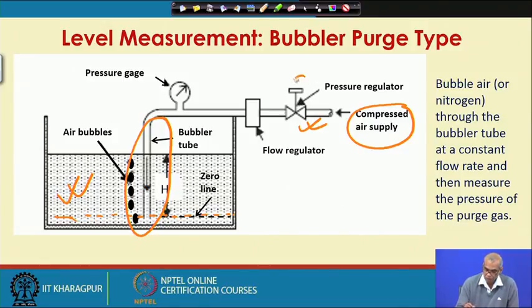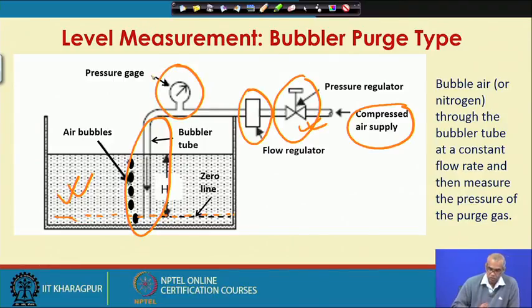I have attached a pressure regulator, a flow regulator to know how much flow is passing through this tube. You can even put a rotameter here, and I have a pressure gauge to measure the supply air pressure.